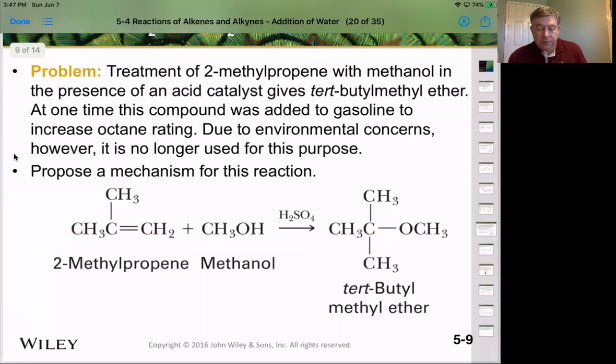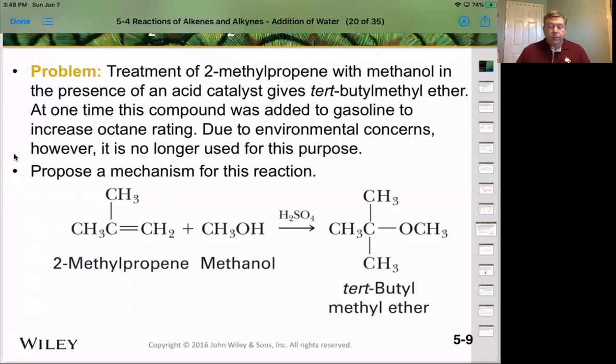Okay, so now let's do something else. Instead of using water as our hydrating agent to add across the double bond, what if we added alcohol instead? We still have an acidic proton to work with, but it's going to give us a different product.